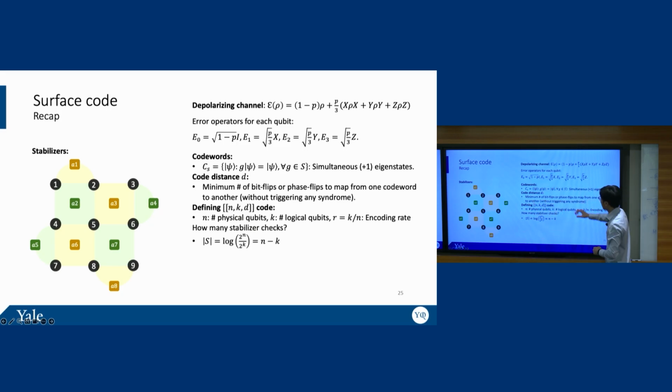We can, again, implicitly define the code word states of the 9 physical qubits in this case to be the +1 eigenstates of all the stabilizers. And if any of the stabilizers raise a flag, that means you end up in a -1 eigenstate of some stabilizers. And trying to map them back to the original code word space is the recovery process.